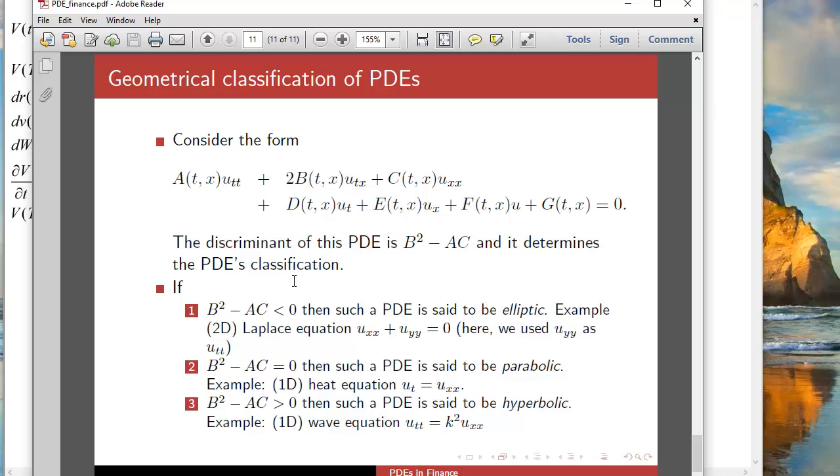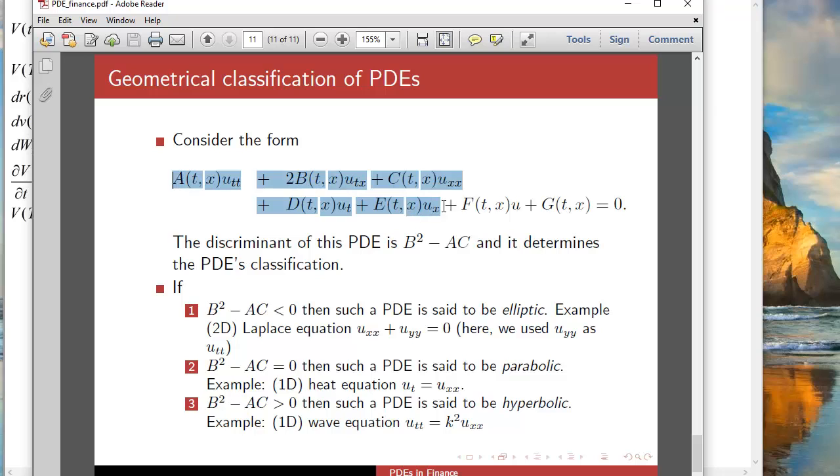And I will show you why. So the general PDE can be written in this form. This is a shorthand for second order partial with respect to variable t. This is second order partial with respect to t and x, etc. You get the idea. This is the first order partial.